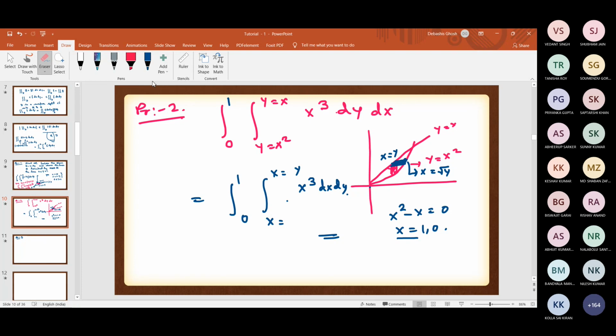Earlier it was correct: x equals y to x equals root y. Yes, sir, I have made it wrong. We are taking the horizontal area, so we are moving from right to left in this direction.